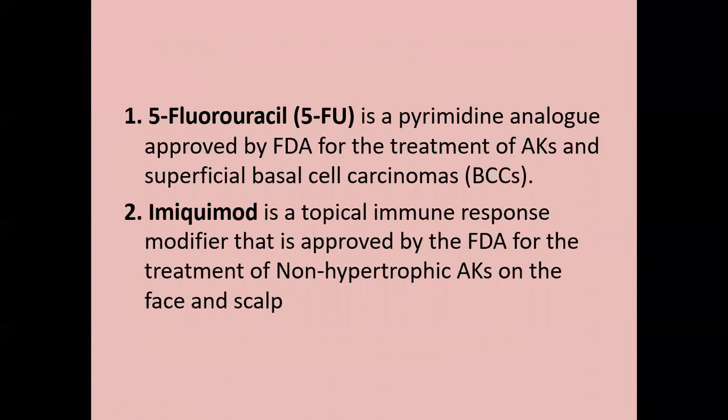The first and foremost treatment for field cancerization is 5-fluorouracil, which is a pyrimidine analog approved by FDA for the treatment of actinic keratosis and superficial BCC. So 5-fluorouracil should be given at the areas surrounding the frank tumors.